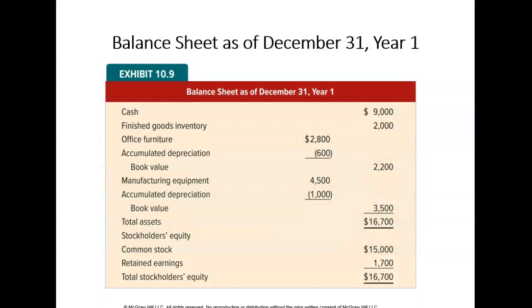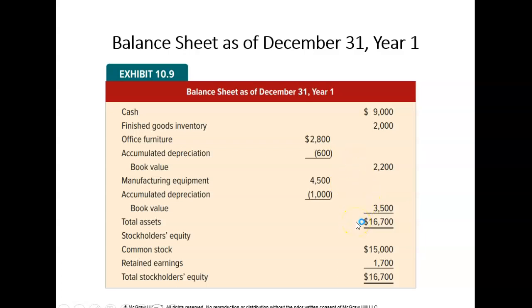And the difference between your gross margin less your operating expenses gave us a net income in the amount of $1,700. On the balance sheet, you're showing your cash balance, your finished goods inventory. Here we have the office furniture less any accumulated depreciation. Same for the manufacturing equipment. Remember that cost less accumulated depreciation gives the book value for the office furniture and for the manufacturing equipment.